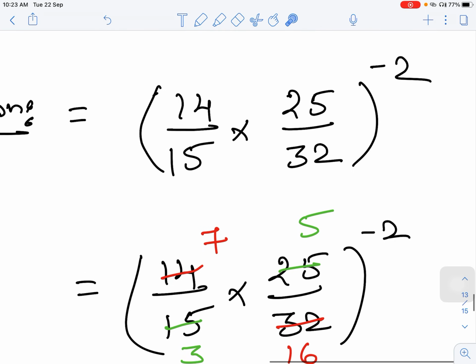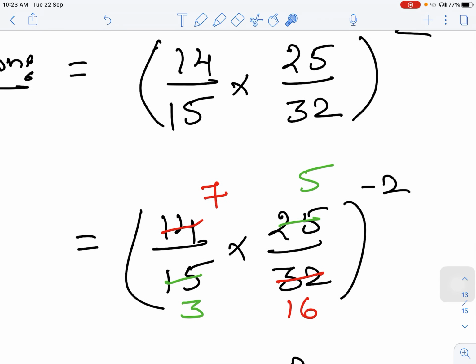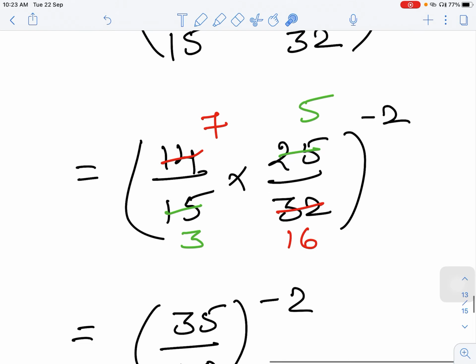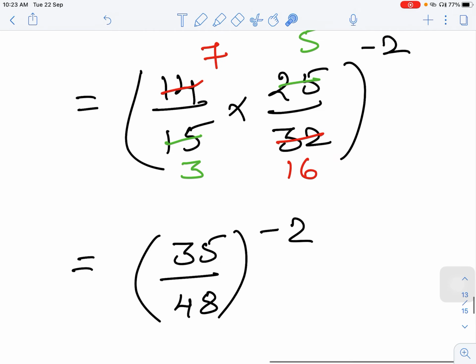Now check whether we can make any cancellation. Yes, 14 and 32 both come in the table of 2: 2 sevens are 14, 2 sixteens are 32. Then 15 and 25 both come in the table of 5: 5 threes are 15 and 5 fives are 25, the power as it is. Now multiply numerator to numerator, denominator to denominator. So 7 fives are 35, 16 threes are 48, and our power was minus 2, so as it is, we have written minus 2.